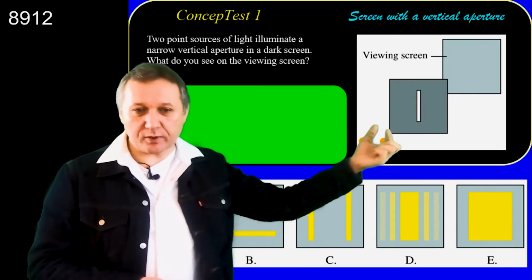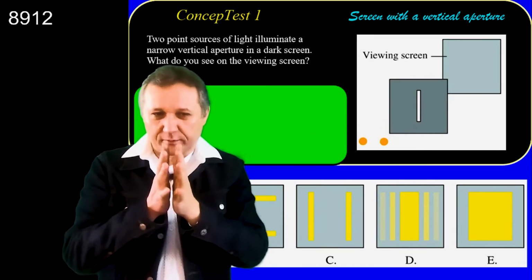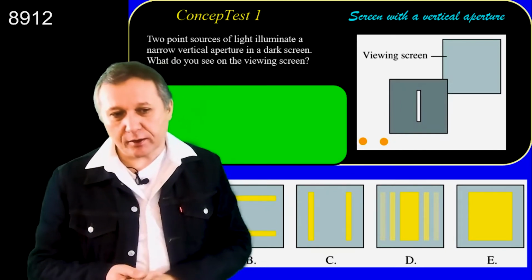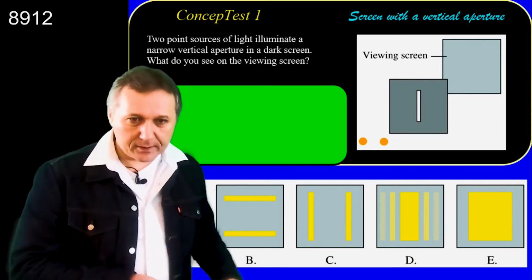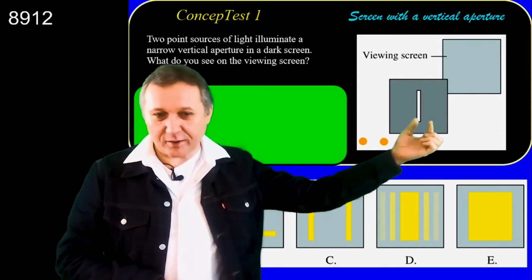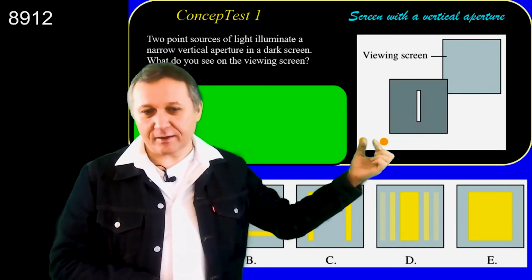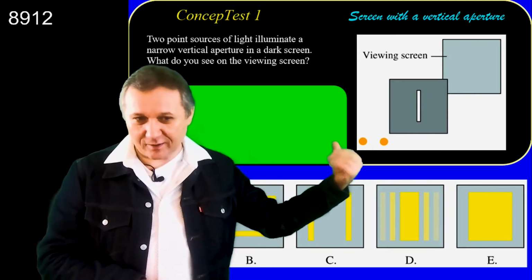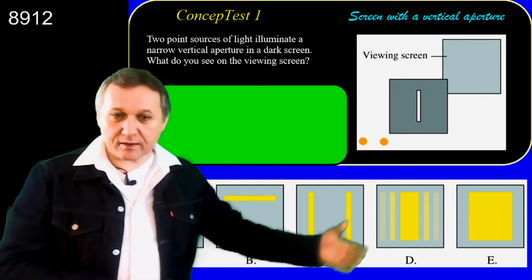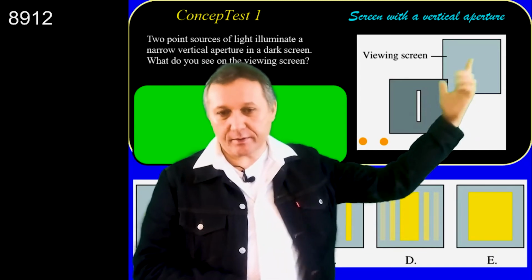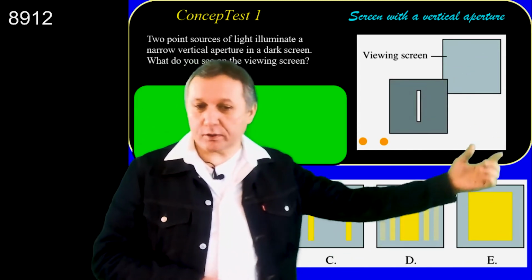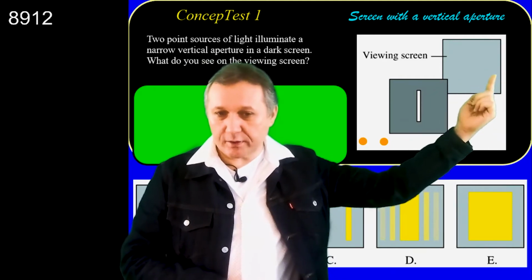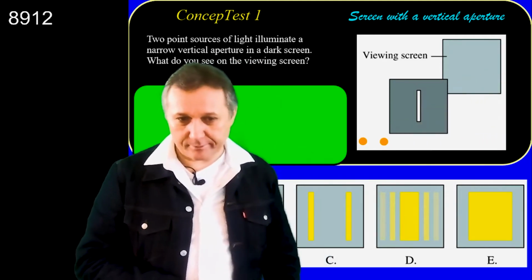Let's assume that the width of that hole is reasonably big so that we're not going to see any diffraction effects. So the size of that hole is larger than the wavelength of these sources. And then behind this screen, there is a viewing screen. So the question is, what are we going to see on that viewing screen?